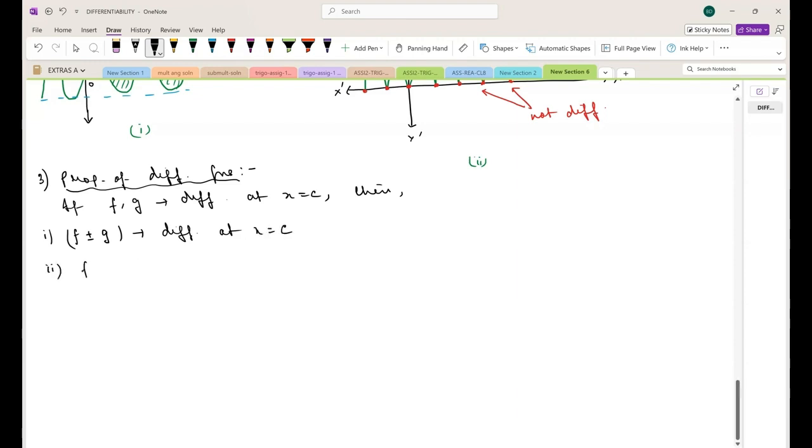The product function fg again will be differentiable at x equal to c, and the quotient function f by g, of course g cannot be 0, is also differentiable at x equal to c. So this is all about the theory of differentiable functions.